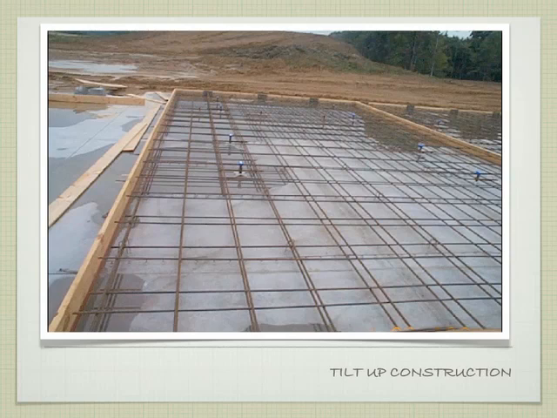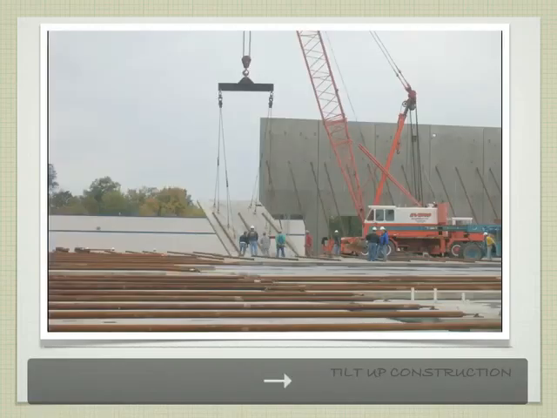So if we look carefully here, we can see some of the hooks that the crane will attach to. And so there's extra rebar around each of those hooks, where if you were building a wall, you wouldn't need that extra rebar. You wouldn't need that extra reinforcing. So it's slightly different in terms of how you do the reinforcing for it, just so that you can lift it up into place.